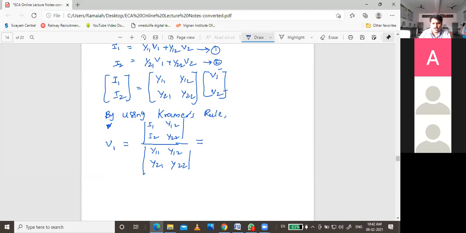So all of you know. Now, what will you do? Find out the determinant of this one. So I1 into Y22, that is Y22 I1, minus Y12 I2, divided by the determinant of this matrix, Y11 Y22 minus Y12 Y21.